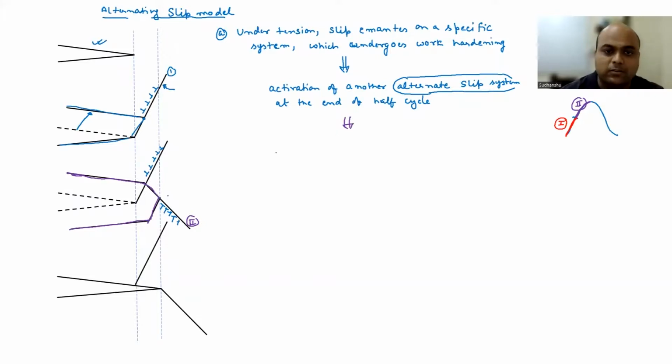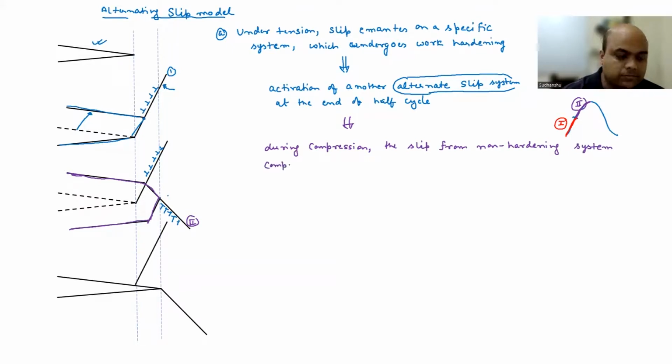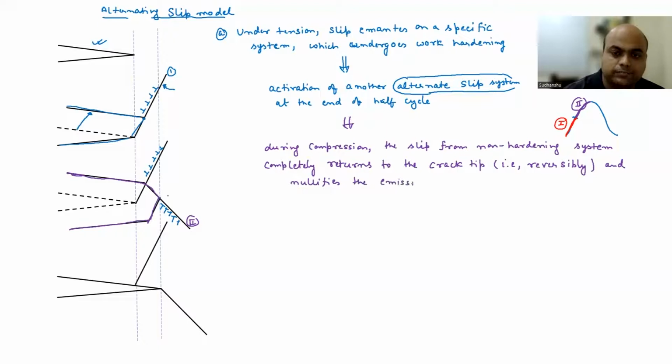Now while unloading, so during compression, the slips from the non-hardening system completely return to the crack tip, that is reversibly, and nullify the emission generated collective slip steps.